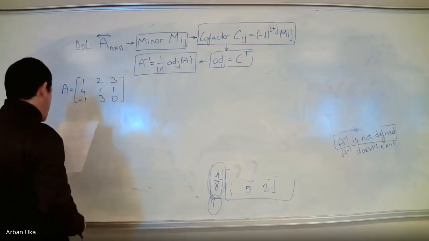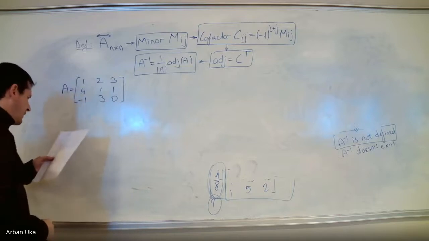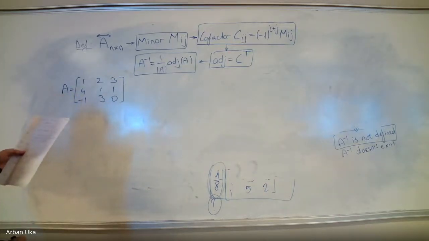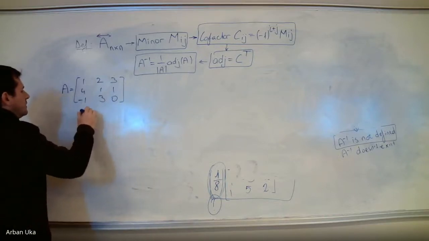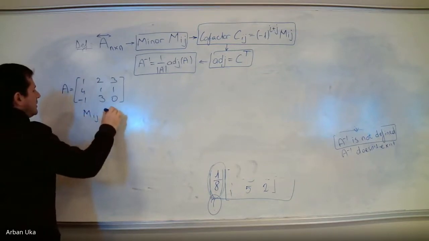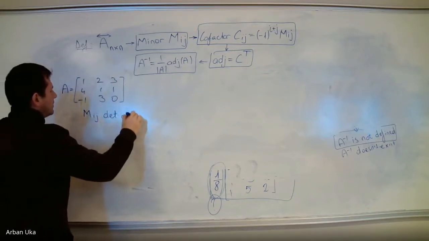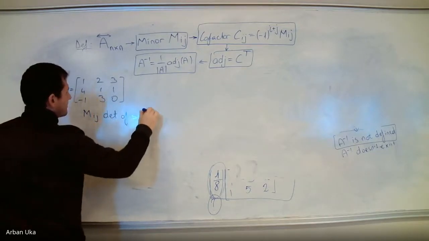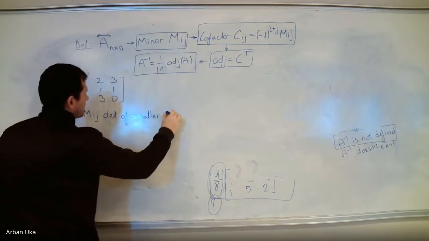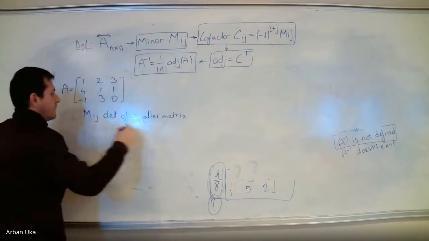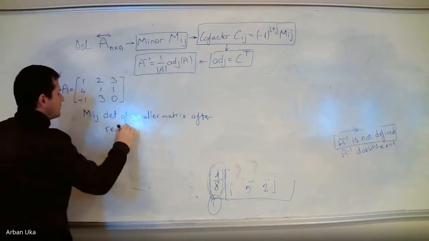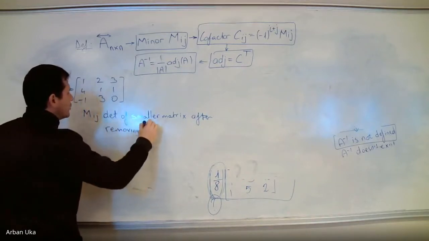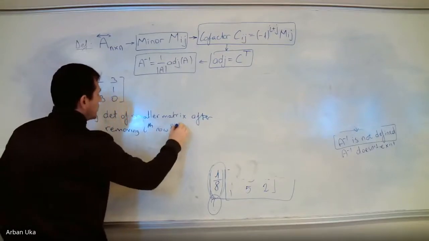So the first thing, the minor Mij is the determinant of a smaller matrix after removing the ith row and the jth column.